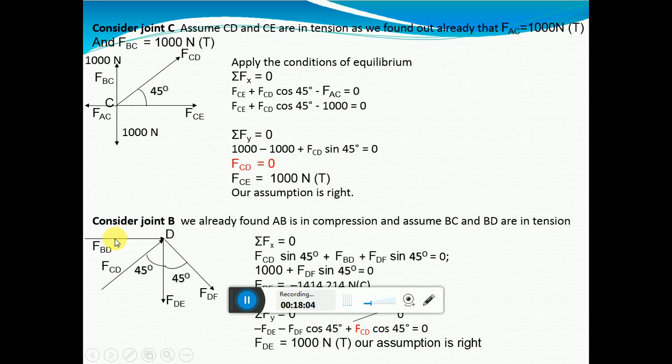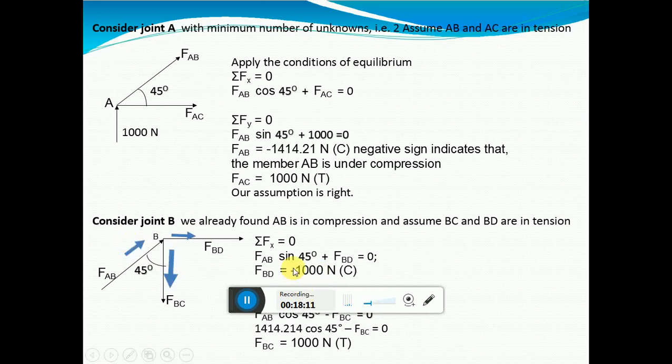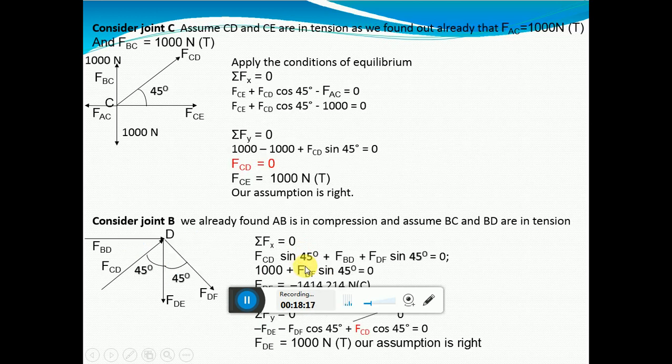If FBD was positive, we had assumed it to be moving outside. Now we found that FBD is negative. That is why we have changed the direction and it is moving inwards to the joint. If we have assumed it as tension, then it should move outside the joint. Now because we got FBD as minus 1000, we have to change it inwards to the joint when we solve it for the next joint.